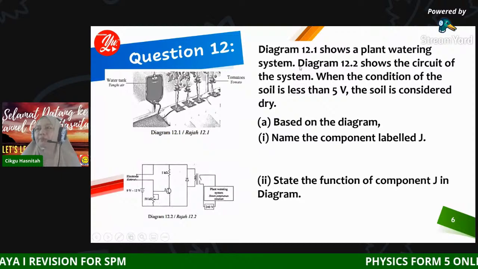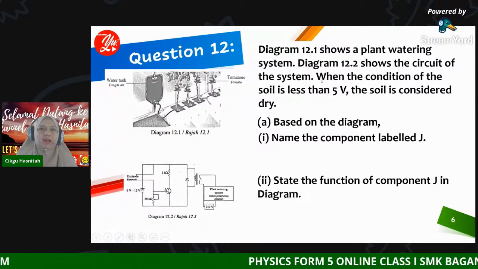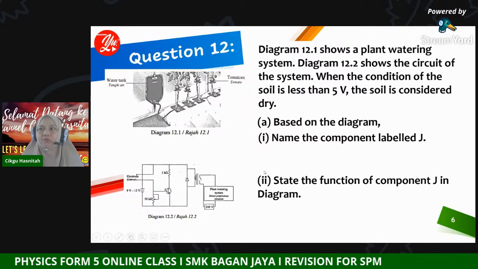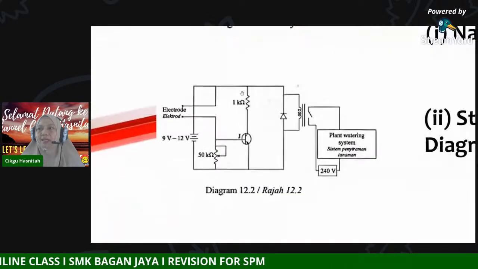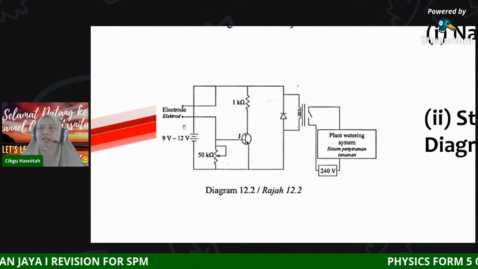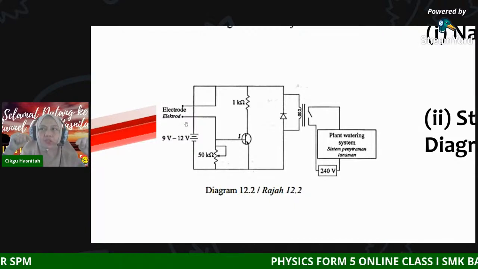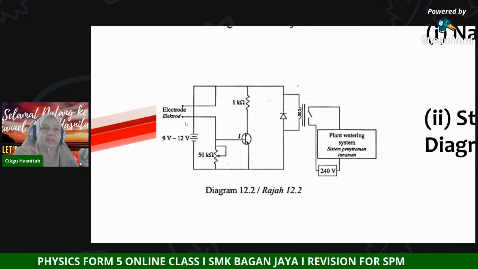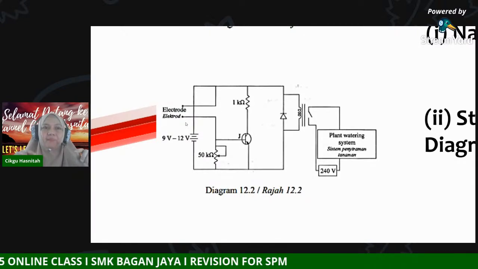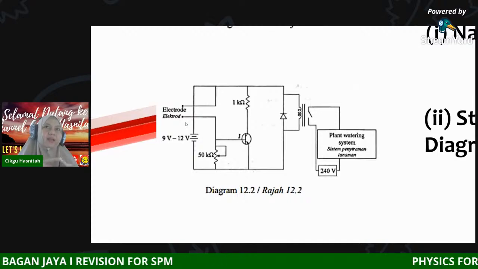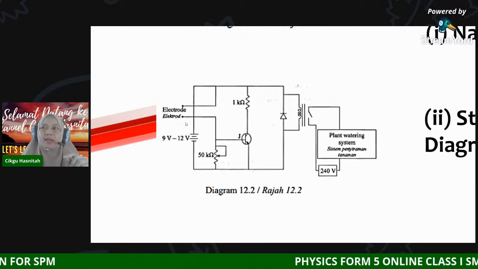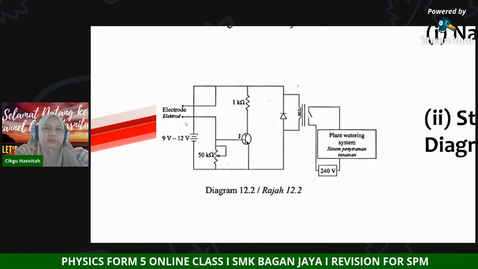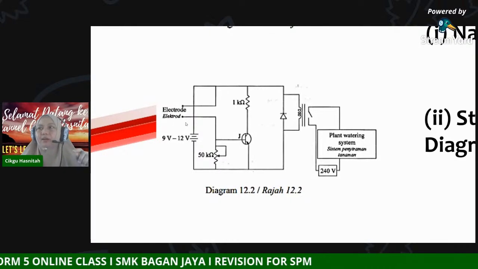So what is the information given in this question? Down here, you can see an electrode. This electrode is embedded into the soil. Electrode ini kita tanam di dalam tanah. It acts as a detector to detect the level of dryness or moisture of the soil.